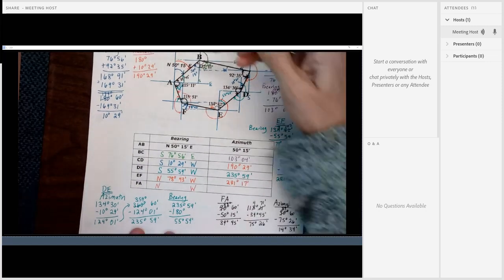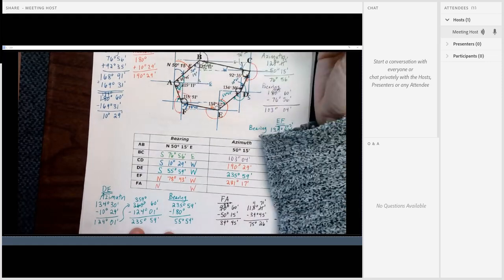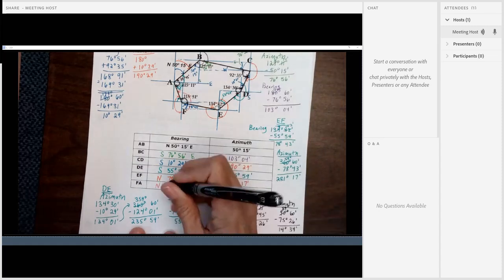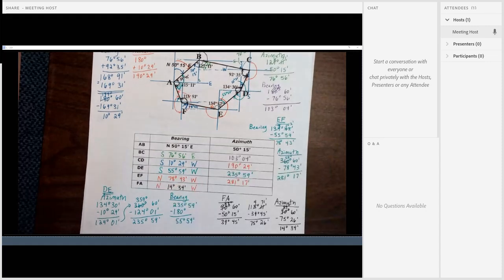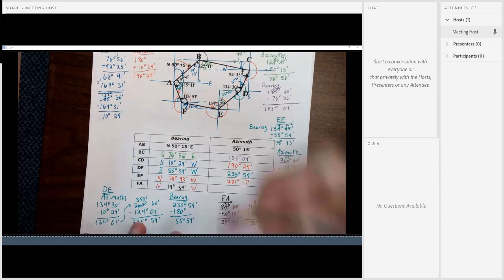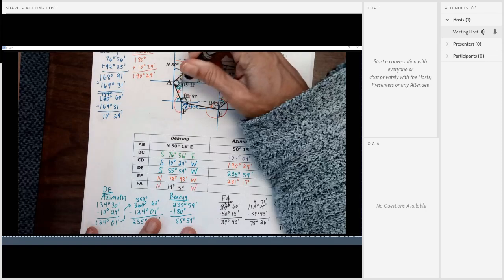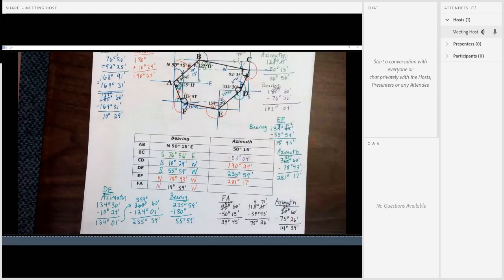So, like we said, that's coming from the north and that's going to the west, and it is 14 degrees and 34 minutes there. All right, again, I knew this angle by figuring out that alternate interior angle and then subtracting from that total interior, taking that piece off so I could find that missing piece. And now just take 90 minus that to get that little angle in there, 14 34 for that bearing.